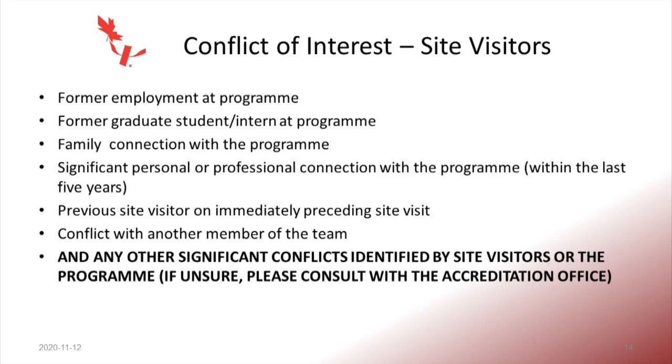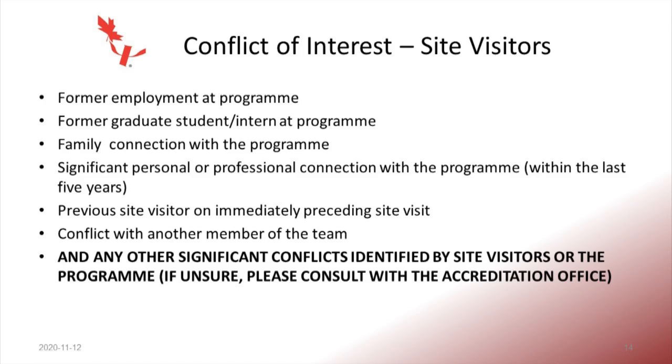So as I mentioned at the top of the presentation, there have been some updated guidelines for conflict of interest specifically for site visitors. Things like former employment at a program, being a former graduate student or intern at the program, having a significant family or personal connection with the program, being a previous site visitor to the program on the program's immediately preceding site visit, any other conflict with another member of the team, a significant personal connection with somebody else on the site visit team, or any other significant conflicts identified by the site visitors or the programs.